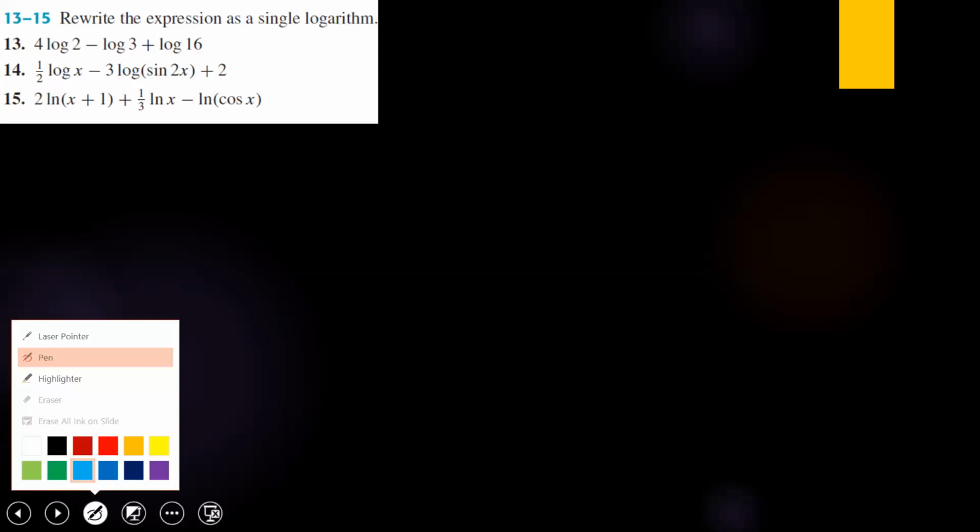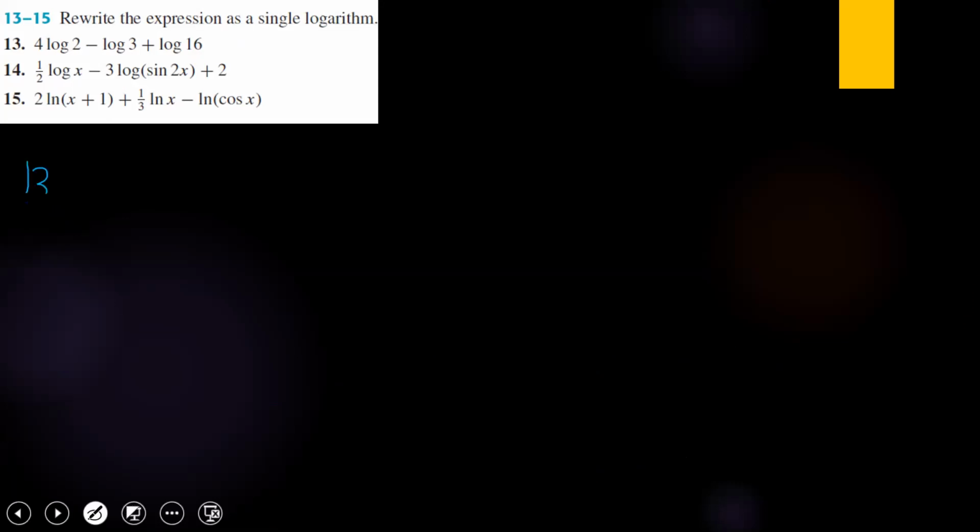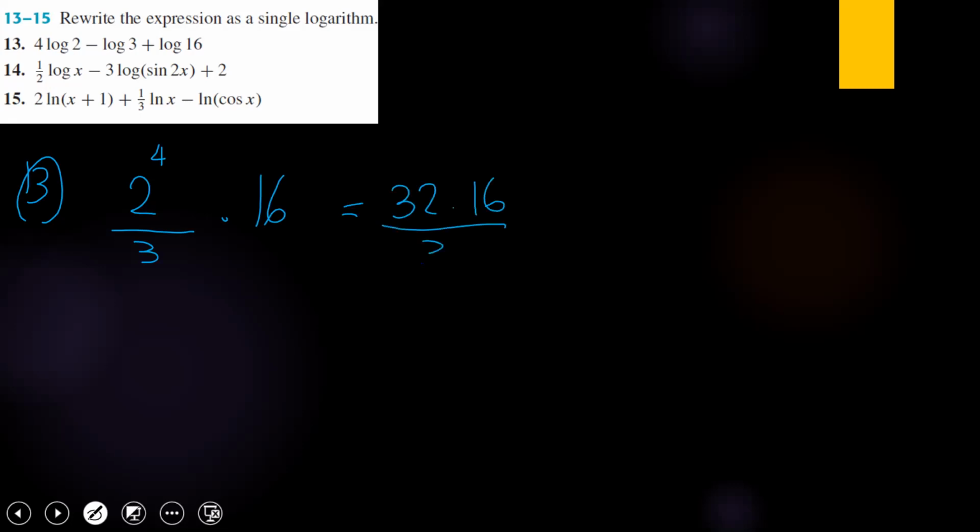Let's solve number 13 here. In number 13, we have 4 log 2. So it means 2 to the power 4. Minus log 3, that means divide by 3. Plus log of 16, that means times 16. So it is 32 times 16 over 3.